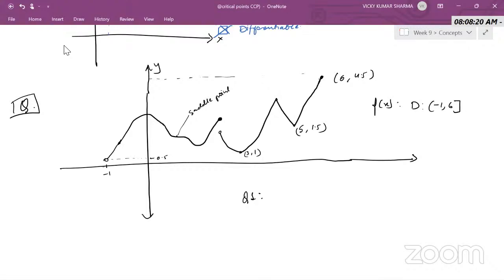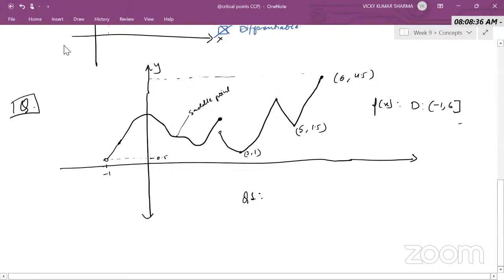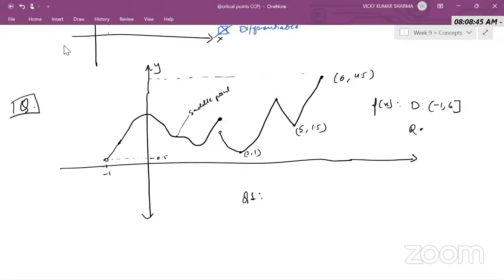And the range is something else. Again, we can talk about the range over here as well. Roughly, the range is from 0.5 to 4.5, though I cannot actually claim that. Yes, 0.5 is not included, and 4.5 is included.